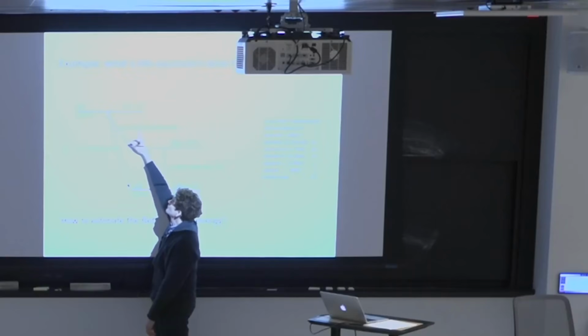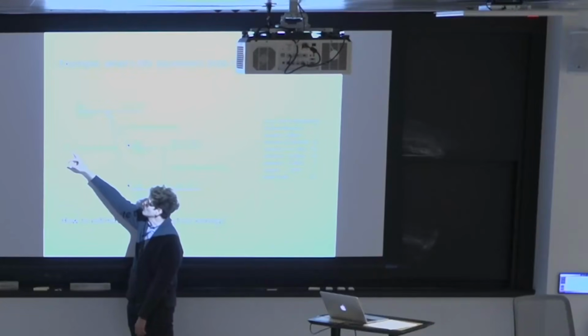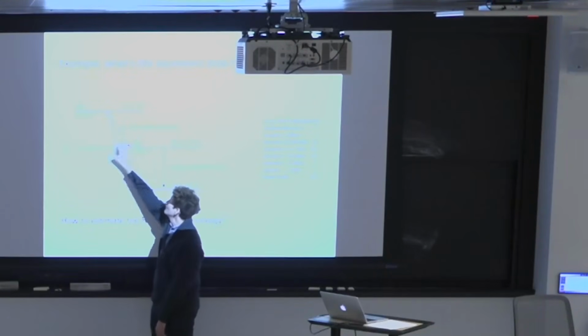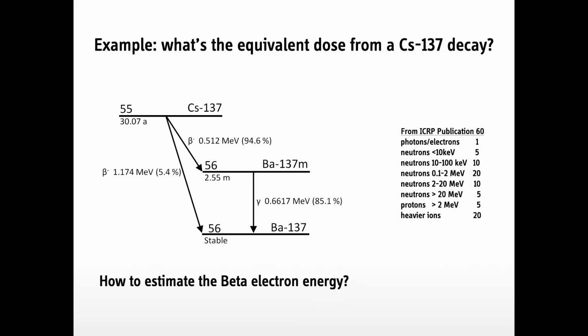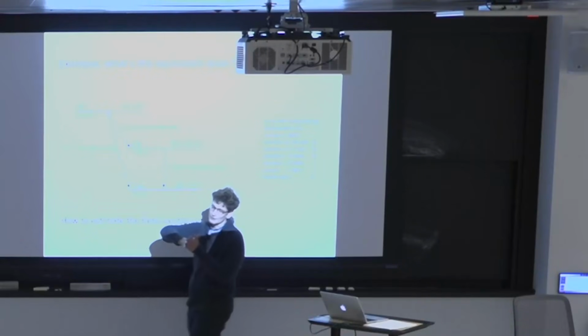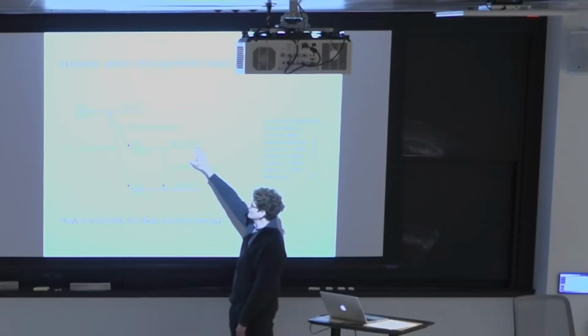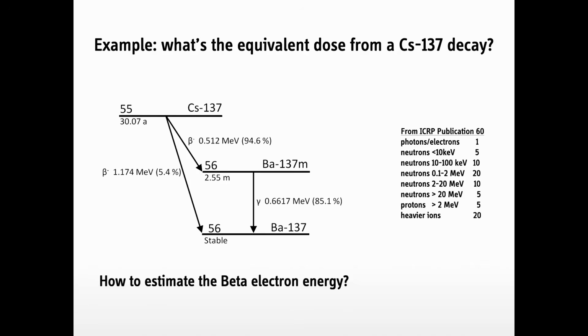This path produces an electron with 0.512 MeV. This path produces an electron with 1.174 MeV. The probability of it going down this path is that, and the probability of it going down this path is that, right? So it's just a roll of the dice depending on where it goes. If it goes down this path, it turns into barium-136, atomic number 56, half-life of 2.55 minutes, right?